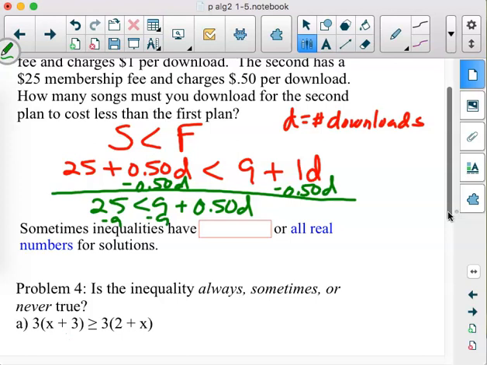I'm going to have to try and do a little squishing over here. I thought I had more space. 25 minus 9, 16. Then what do we do? Way over here now.